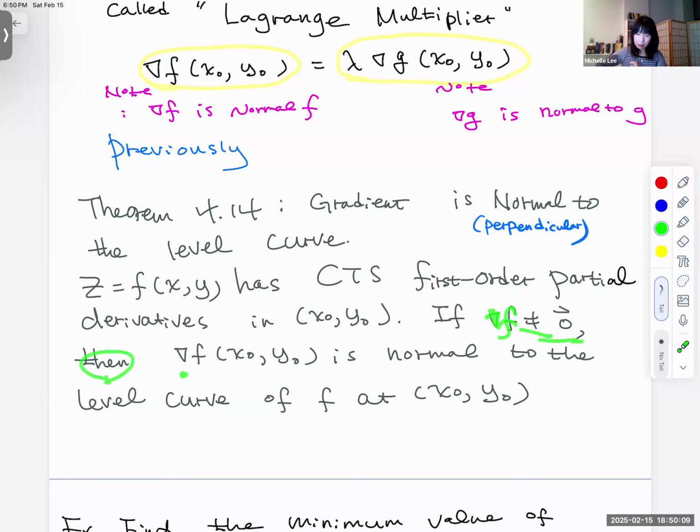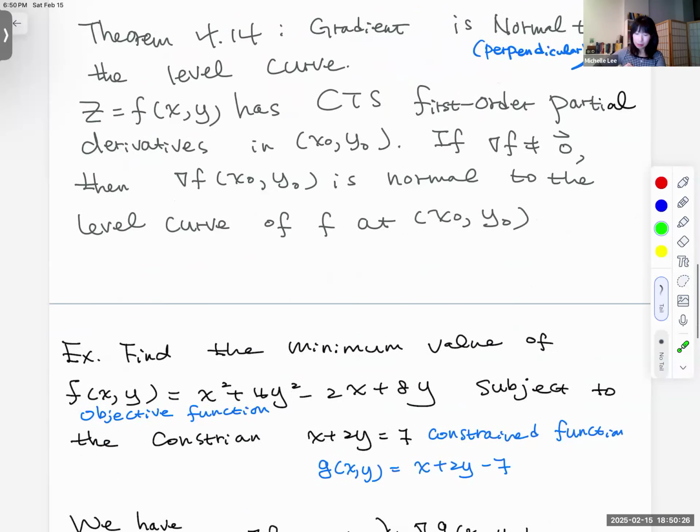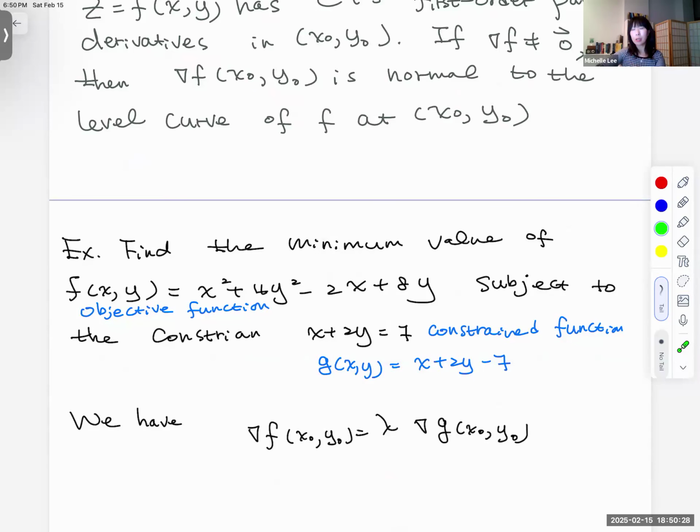Then the gradient of f at the point is normal to the level curve of the function. So we talked about this one in the last section. I don't remember the section number. It's the directional derivative and gradient section, right? Okay, so let's do that.